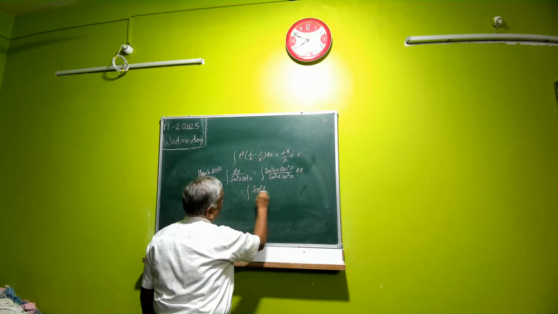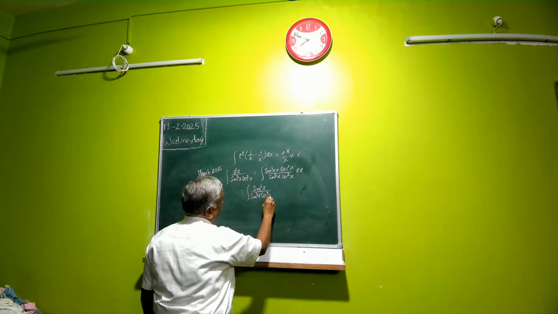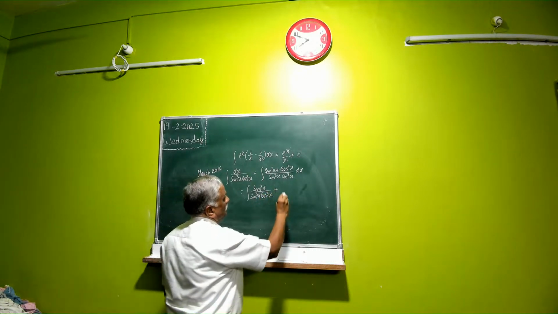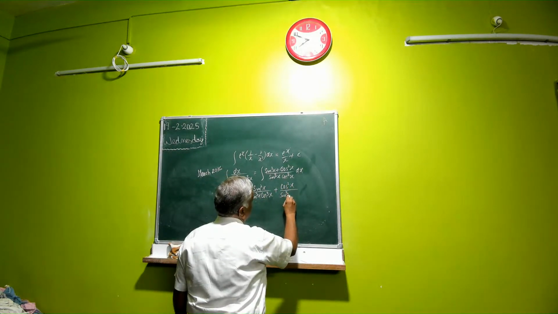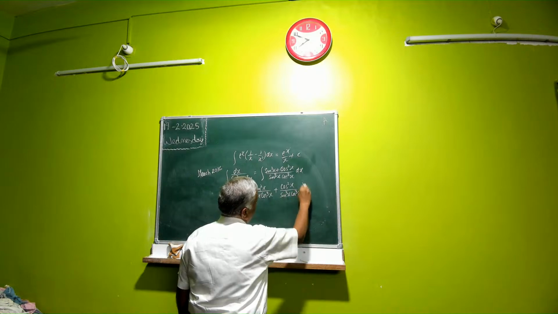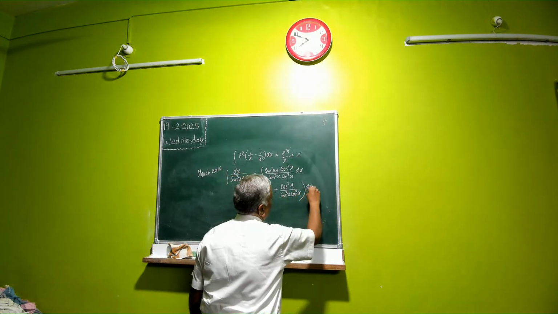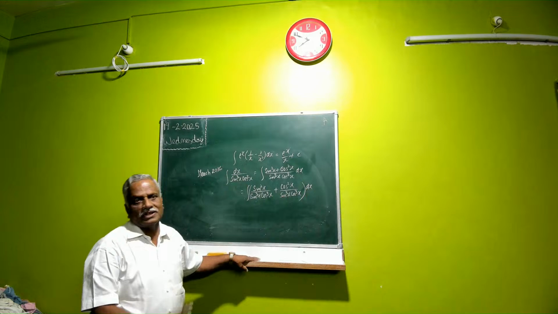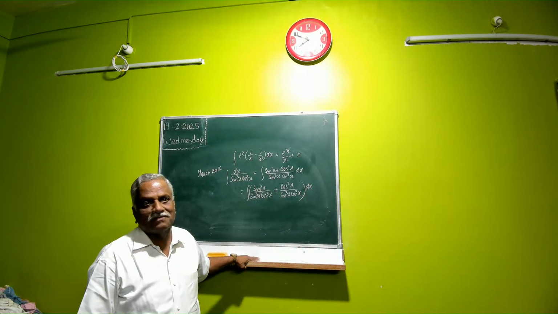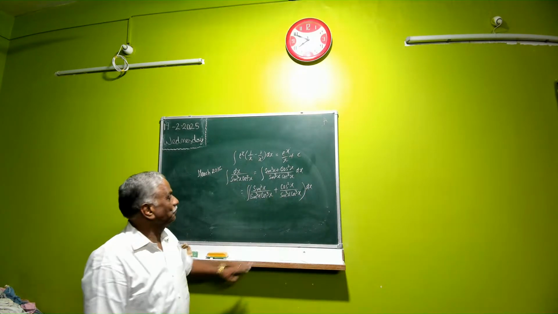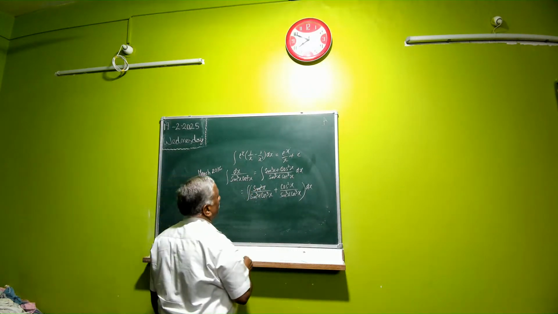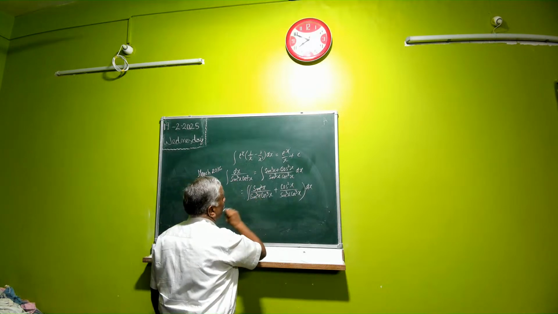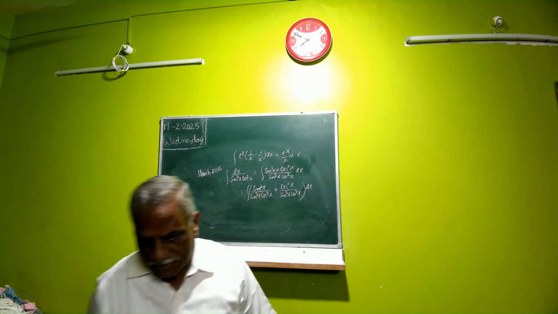Sin square x over sin cube x into cos cube x plus cos square x over sin cube x into cos cube x. Unless you have worked this problem, you cannot work it in the examination. You can't just think of the method there. The method should be familiar to you. Now, sin square x will cancel. So 1 sin x remains.